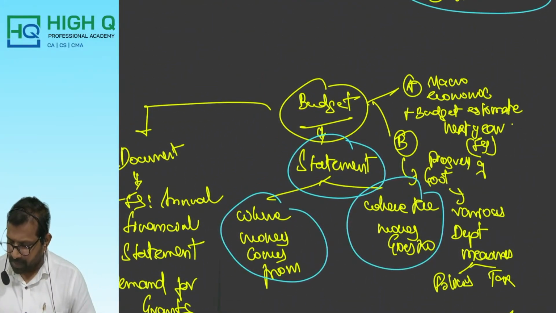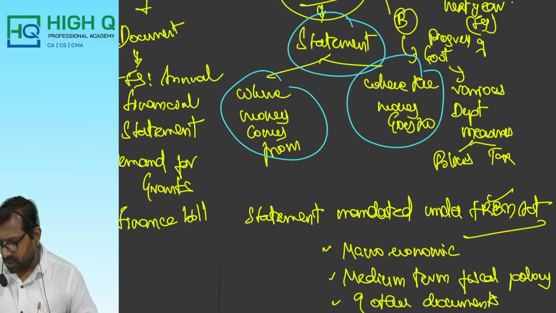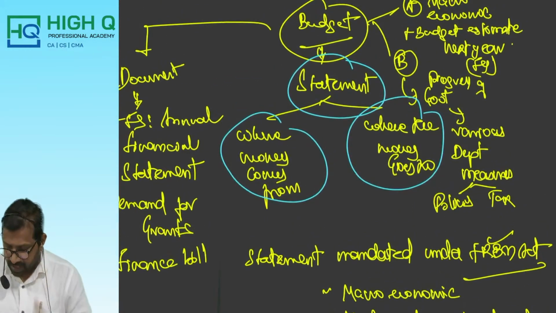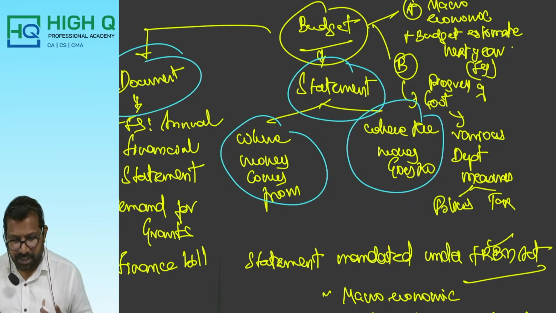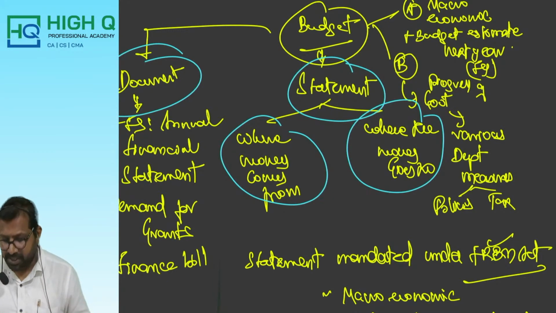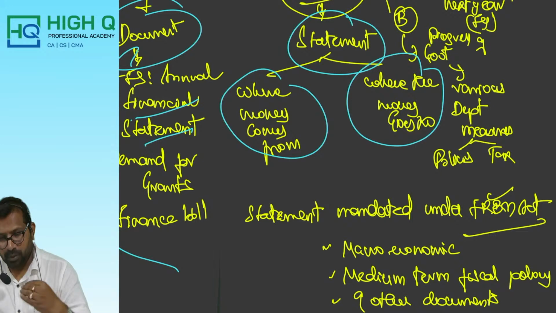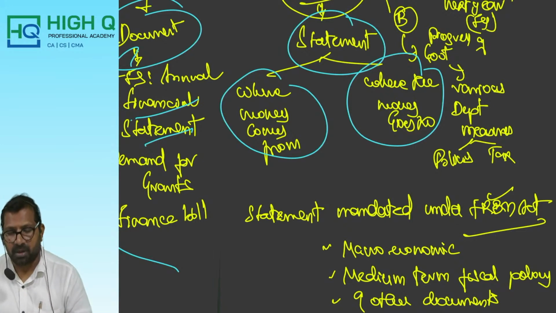Now what is meant by budget? As I quoted earlier, budget is a statement of where money comes and where money goes to. It's a document. Apart from the budget speech, all these documents are to be presented. One is the annual financial statement. In detail, you have to focus for your examination on these concepts.